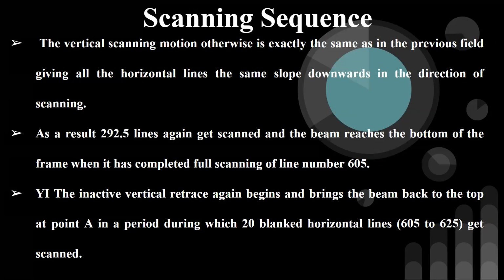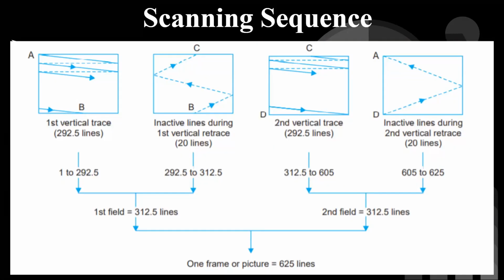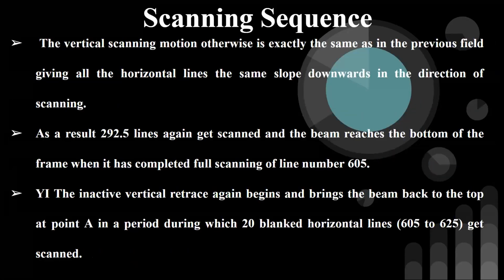The inactive vertical retrace. So what is the inactive vertical retrace? Here we have inactive lines. This number of lines is simply called inactive lines during the first vertical retrace. These inactive lines are called the inactive vertical retrace.